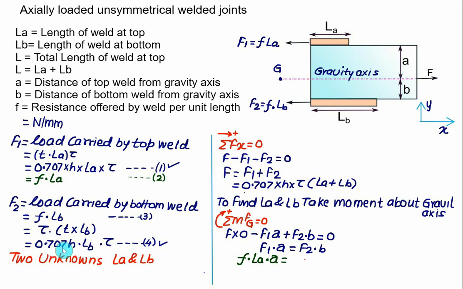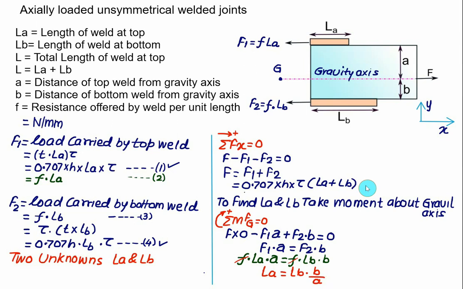So this 0.707 H tau will get cancelled here also. It is better to use a simple term here, that is F multiplied by LB multiplied by B. So the F term will get cancelled. We have already found the sum, and now we know the relation between the individual values. In this case, LA is equal to LB multiplied by B divided by A.